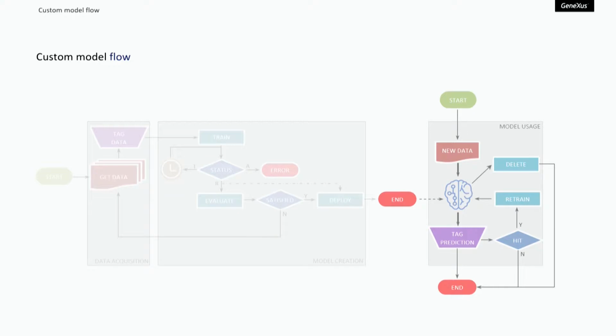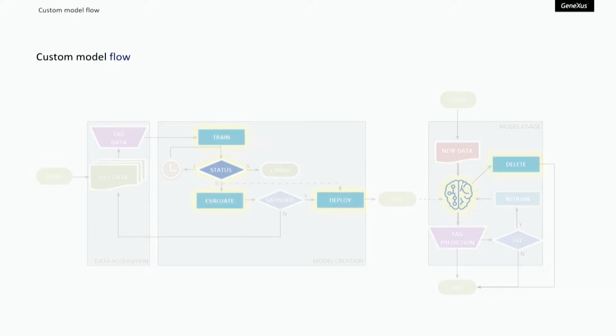And that's somehow the summary of a full flow of how you would train an AI model. You'll see that there are stages that are quite marked in the flow. As I said: training, status, evaluation, deploy, and also the question of deleting if you want it.